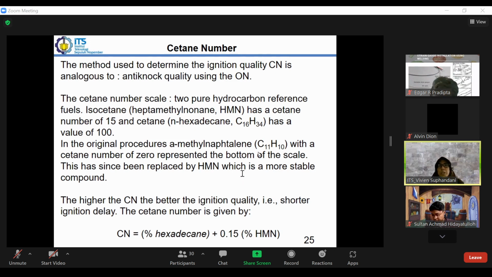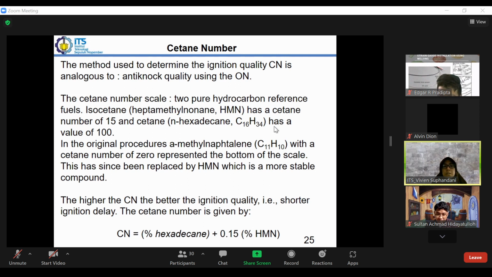Originally zero was methyl naphthalene. We will not focus on that, because this is very chemical, and a very difficult name.